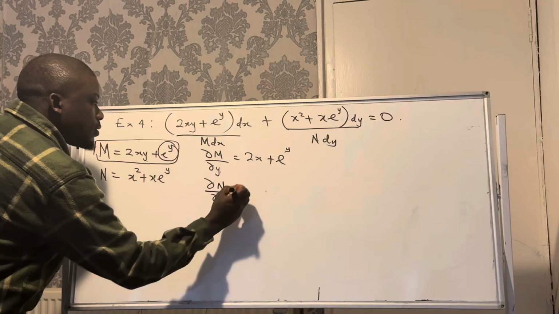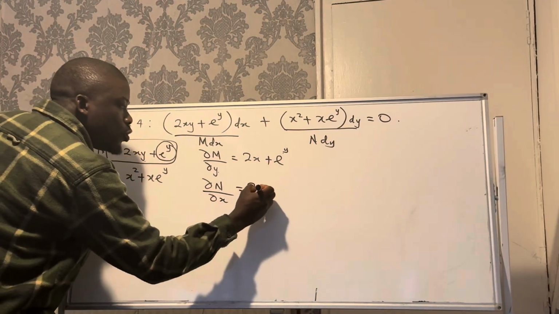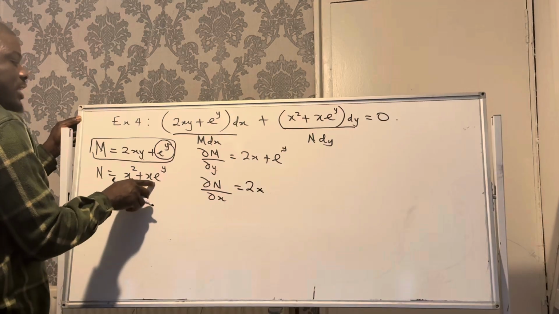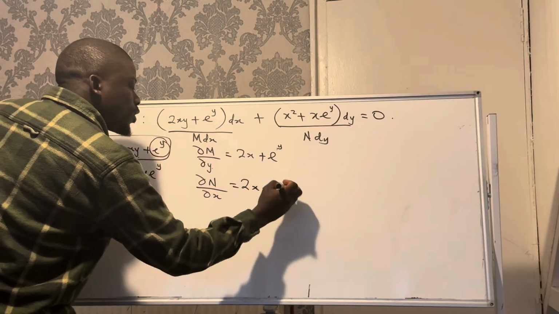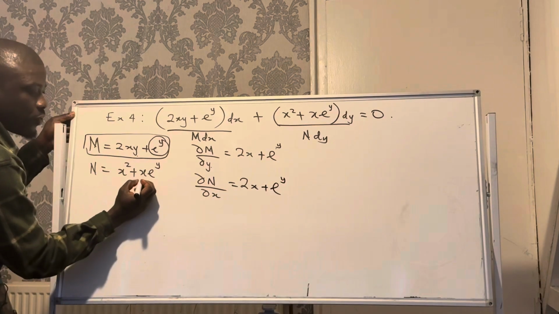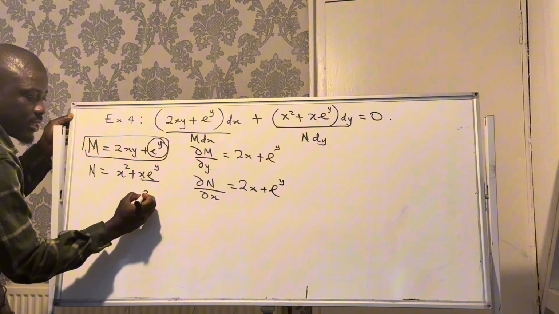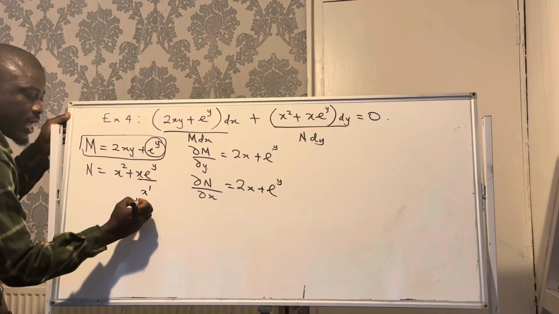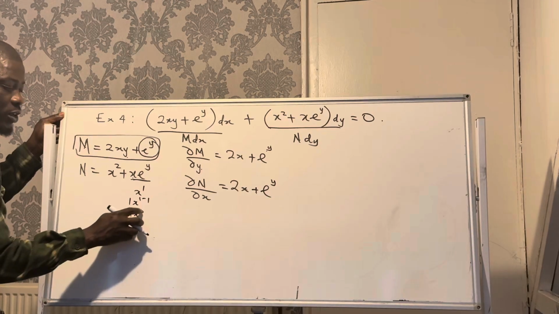And for the second one, partial differentiation of N with respect to x. If you differentiate x squared, we have 2x. And if you differentiate this with respect to x, we have exponential raised to power y, because x raised to power 1 gives 1 times x raised to 1 minus 1, which is x raised to 0, which is 1.